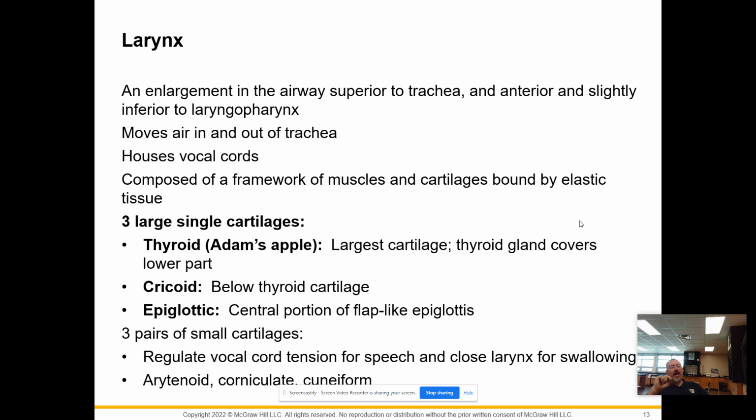So let's look at the three large single cartilages. We have your thyroid cartilage. This is the largest, and when you reach down and feel your throat and feel the Adam's apple, that's your thyroid cartilage. Now, women also have thyroid cartilage. If you want to say only guys have Adam's apples, that's not true.